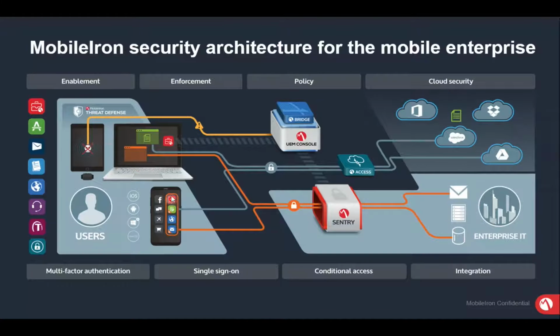If you notice this orange part, it's a logical secure container. When the user is onboarded using MobileIron, a logical container is created, and all apps pushed through MobileIron are placed inside the container. The main reason is that whatever happens inside the container stays inside the container.